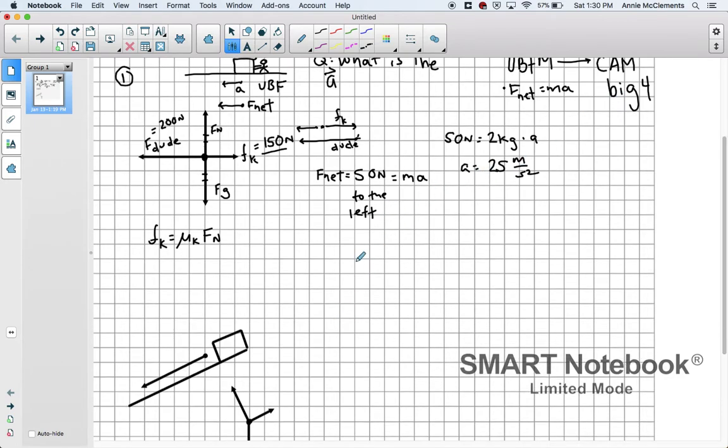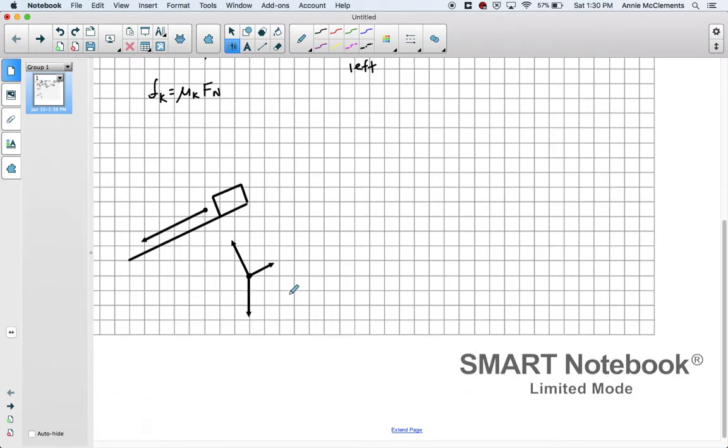Moving on to a slightly more complicated example. Say you have a 10 kilogram box that is sitting at the top of a 30-degree slope. Okay, 10 kilograms. It's stationary, so it starts with an initial velocity of 0, and then it starts accelerating down the ramp, sliding down the ramp.